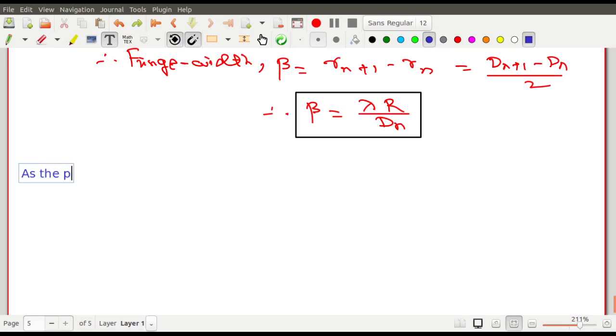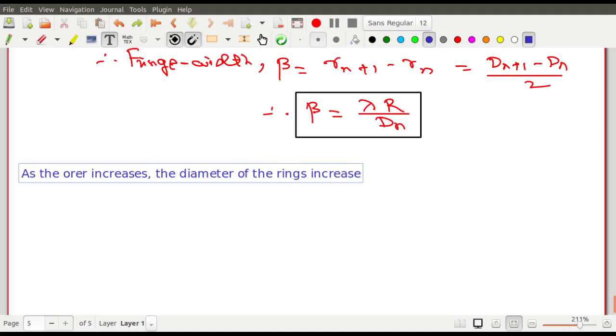As the order increases, the diameter of the rings increases, and hence the fringe width decreases.